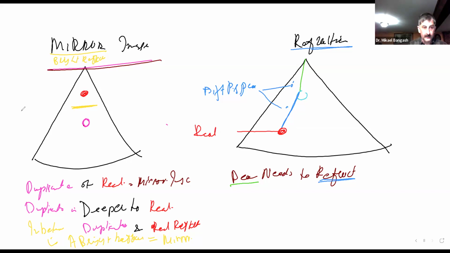So we can say the refracted beam hits a structure, which will be real. So real is physically present.